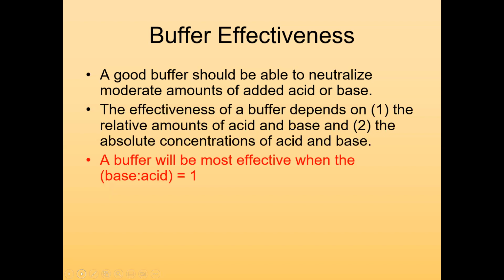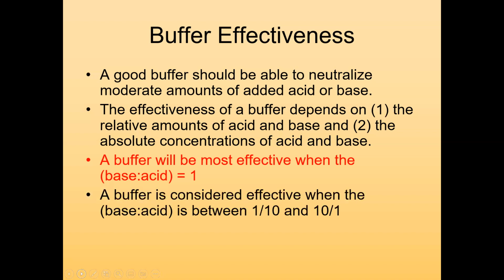And a buffer is going to be most effective when the ratio of base to acid in the buffer is equal to 1. So when they have identical molarities, it's going to be a more effective buffer because it can neutralize the same amount of acid and base. And a buffer is considered effective if the base to acid ratio is between 1:10 and 10:1.